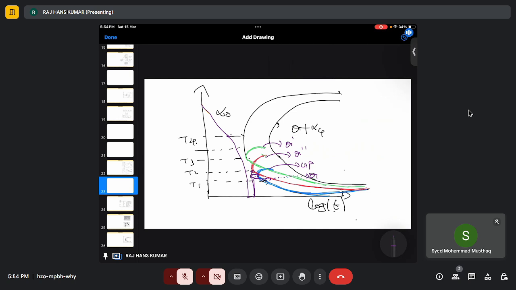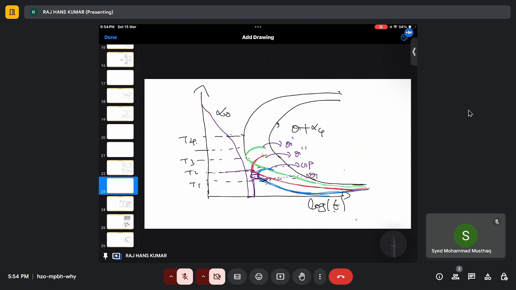So that is how it is forming. If I directly reach temperature T2, the formation will be theta double prime. Then I will have theta prime, and finally theta.